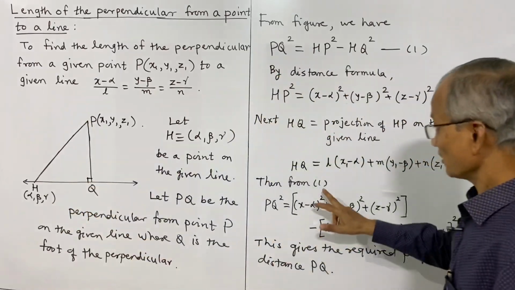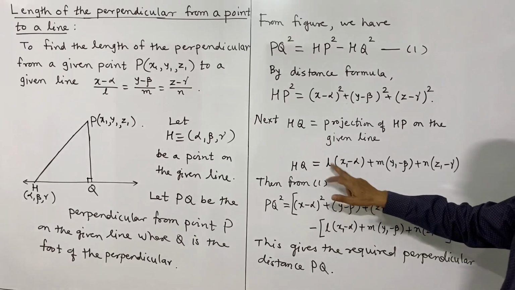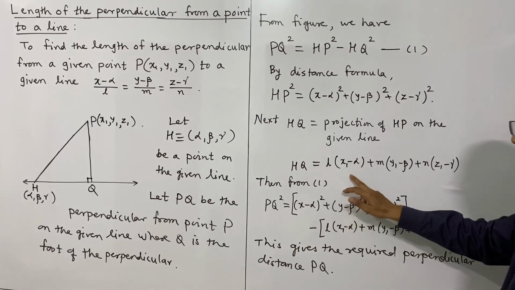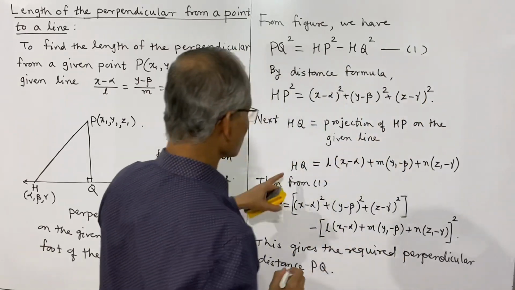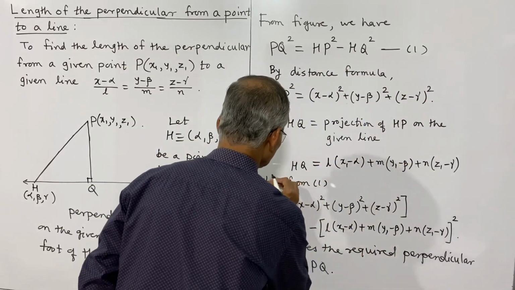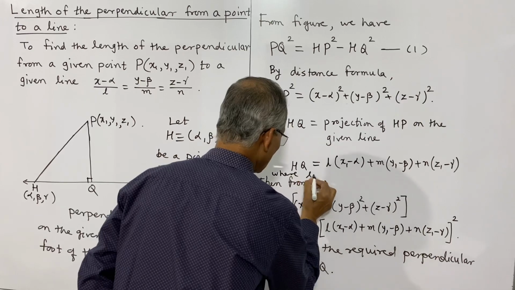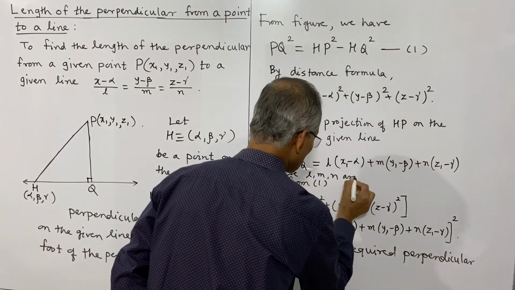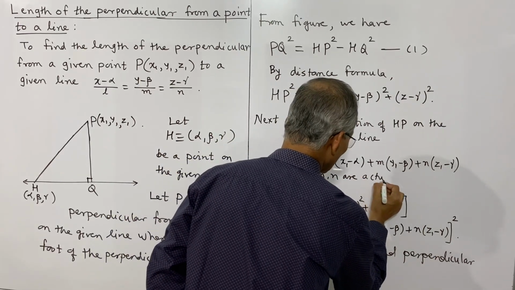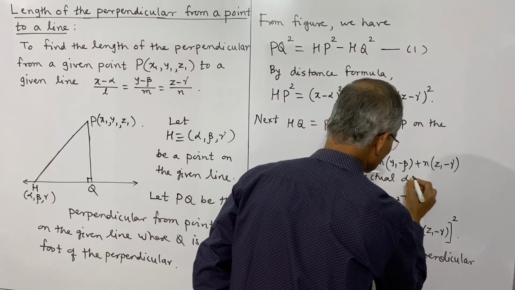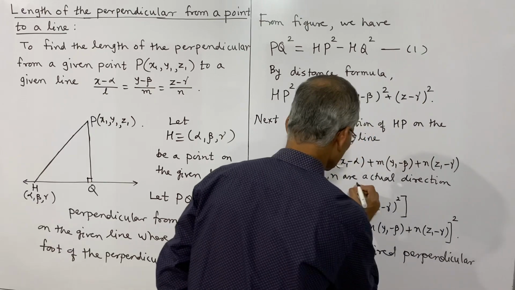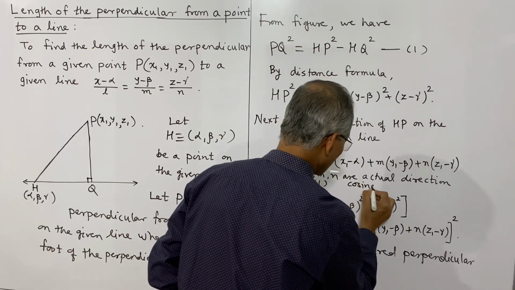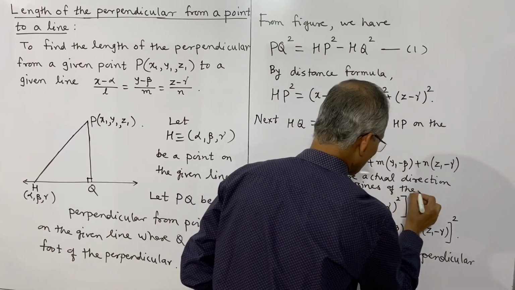Note that the projection is given by this, where L, M, N are the actual direction cosines of the line, not the DRS of the given line.